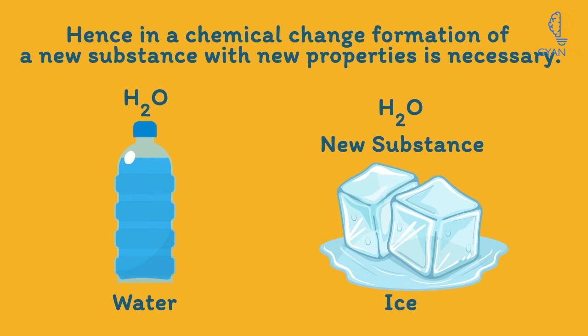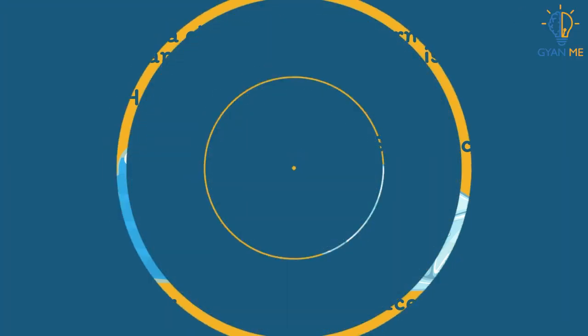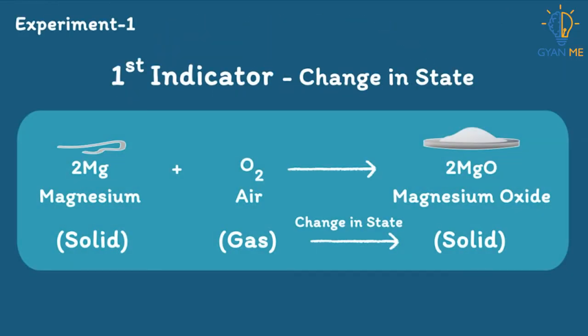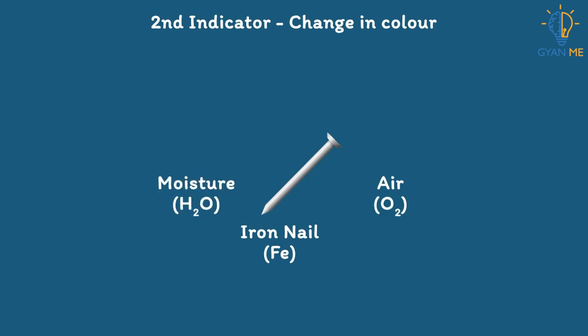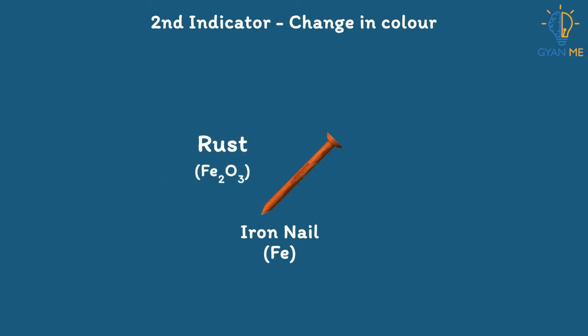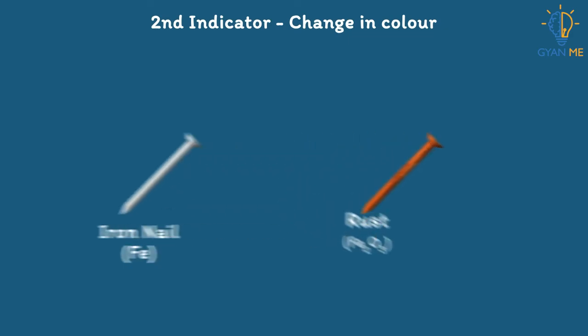Are there any other indicators also? Let's find out. We saw first indicator, that is change in state. Second indicator is change in color. How? We saw that iron nail, when reacts with oxygen and moisture in air, its color changes from silver to brownish red. This is called as rusting of iron, and this new brown color substance is rust.